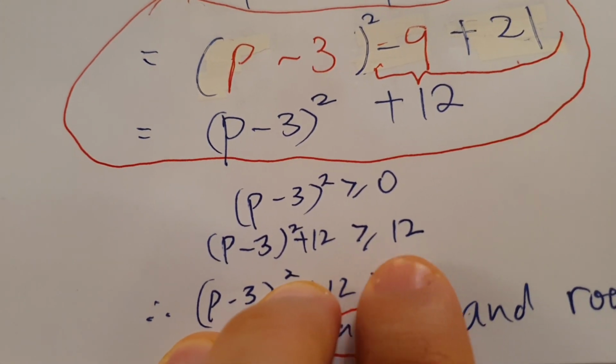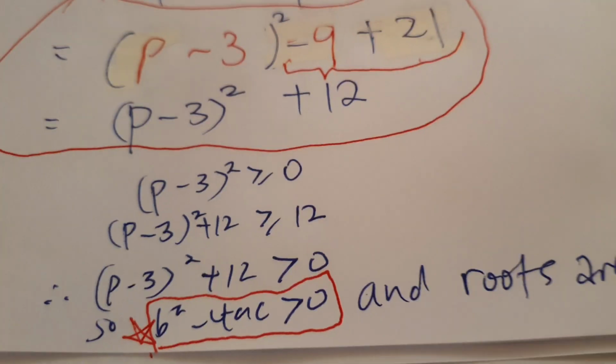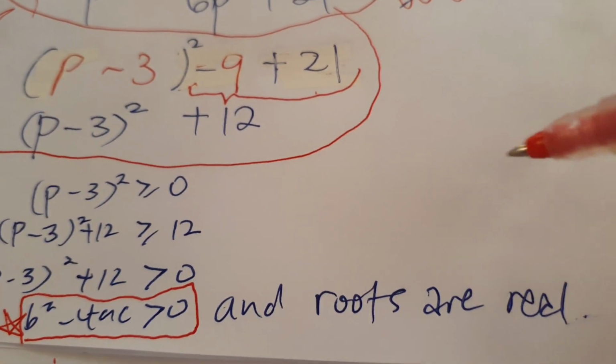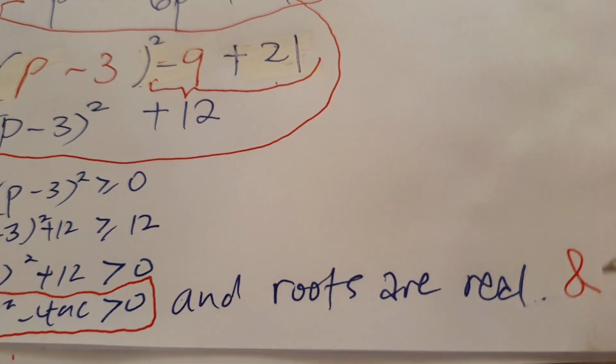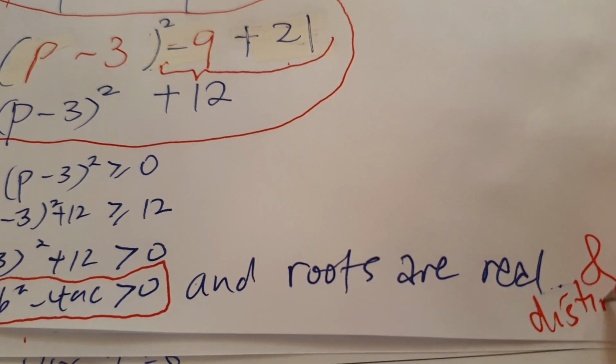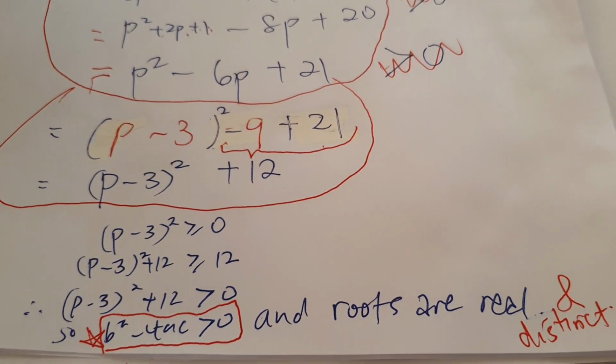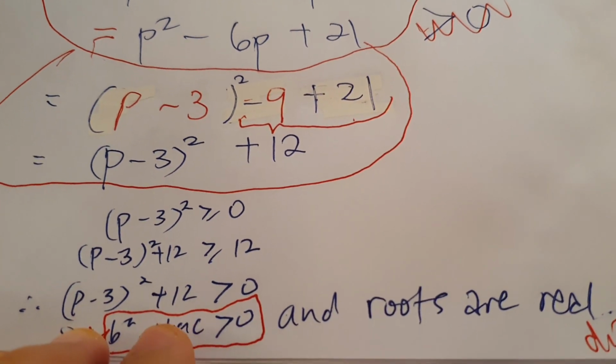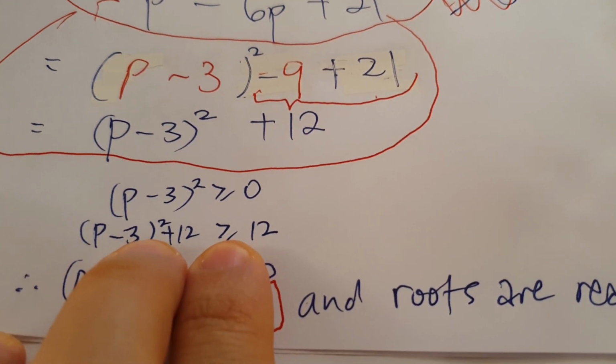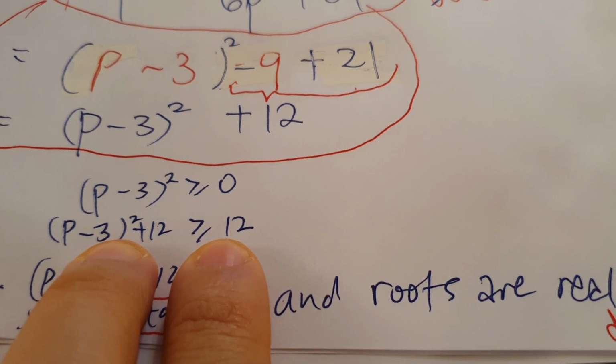No, it is not possible. So actually it should be roots are real and distinct. I think this will be less confusing for you. You see what I mean? There's no way this thing here can be equal to 0.